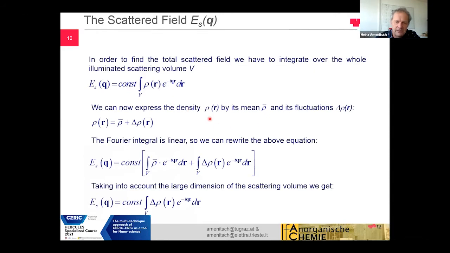So then you can split this between Q R and the mean electron density. So you have a delta function of Q, the first part, and what comes out is that the scattering field is given by the Fourier transformation of the electron density difference. So this is now quite important.